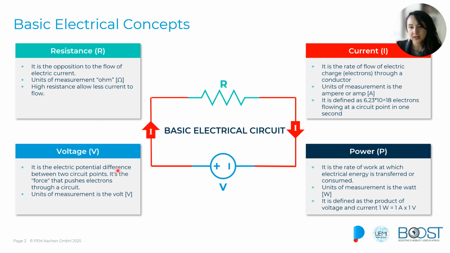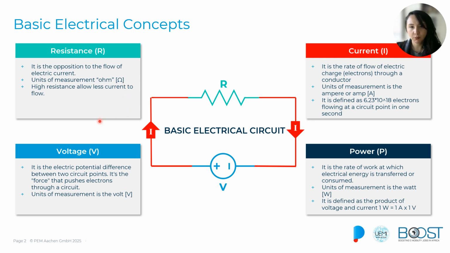In a circuit, we have materials that have very high resistance and let less electricity pass through. The unit of measurement of the resistance is the ohm, represented with the Greek letter omega. For instance, wires with high resistance heat up more when we have high current flowing through them.